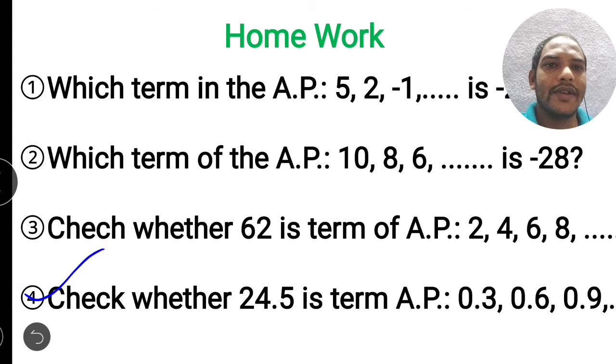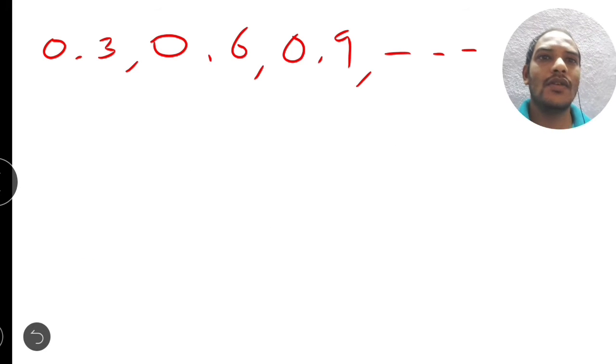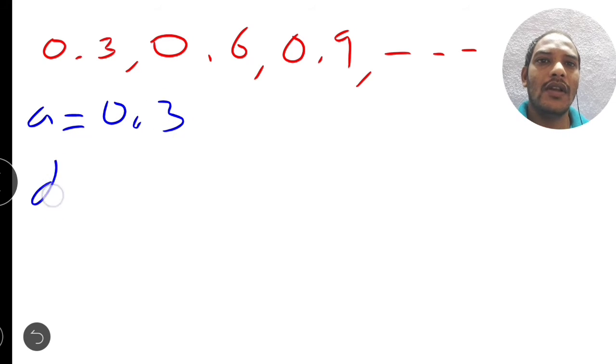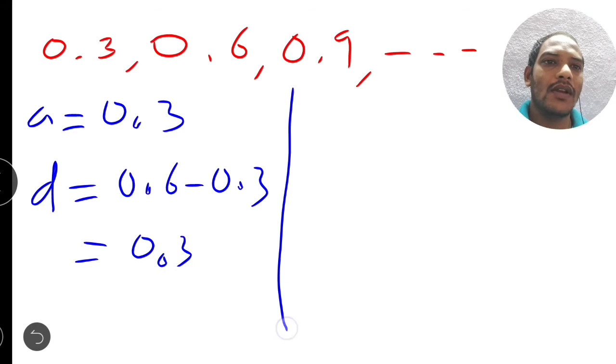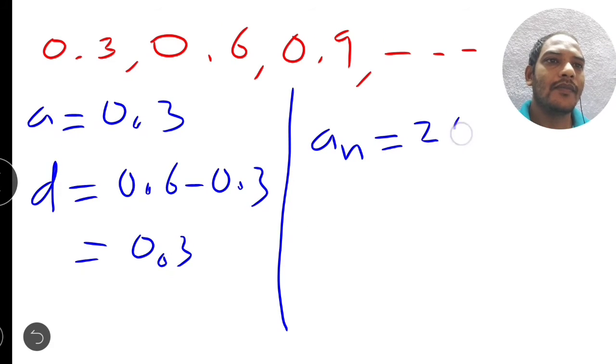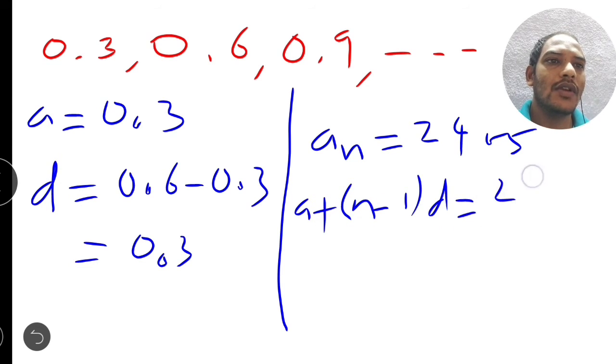Next, fourth question, check whether 24.5 is a term of the AP 0.3, 0.6, 0.9. So here A value 0.3, D value A2 minus A1, 0.6 minus 0.3, that is 0.3. Now equate the nth term to 24.5. So A plus n minus 1 into D equals 24.5.